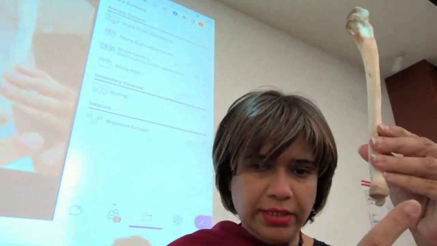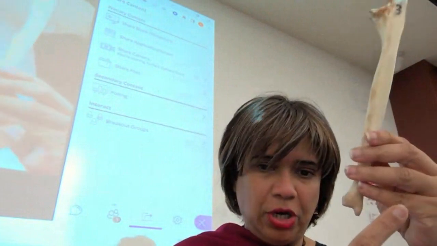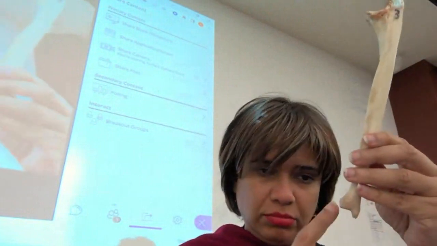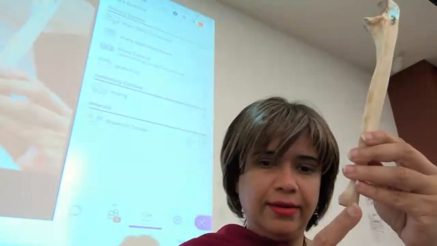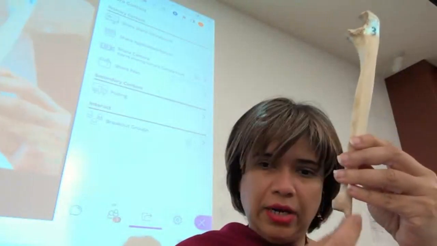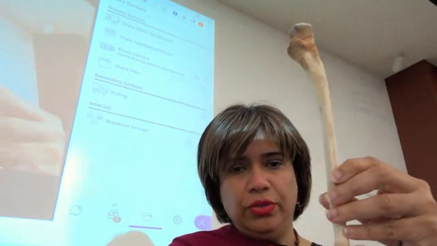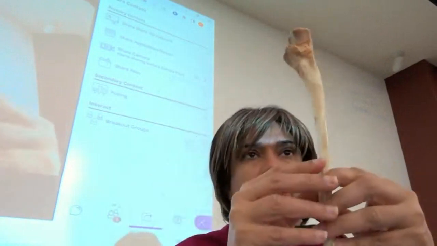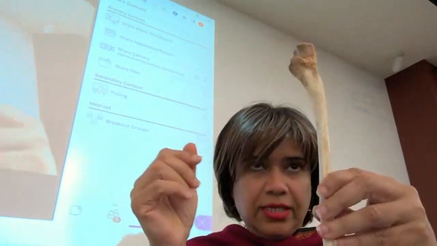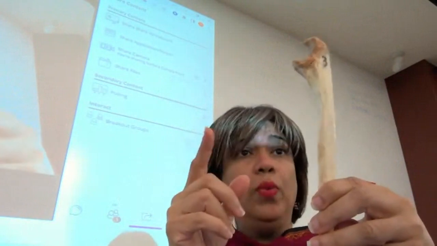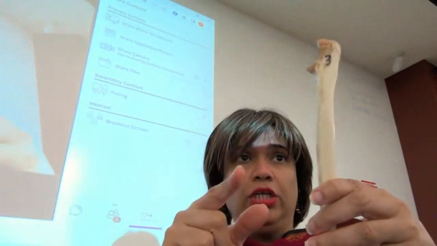Now, right here, I said the head is at the bottom. You see this right here, this is the head. And this is styloid process, and that is your ulna. Now we are going to look at what side bone is this. Oh, we did not do the radial notch.